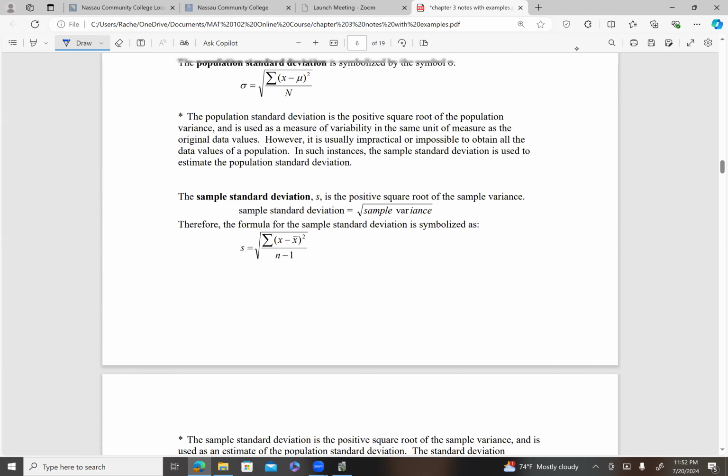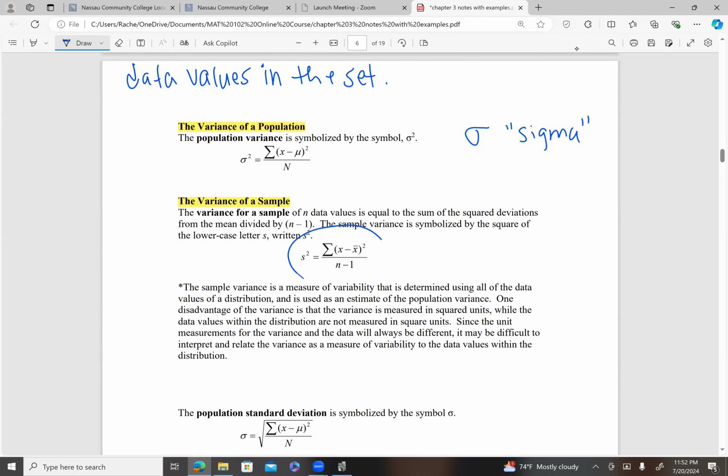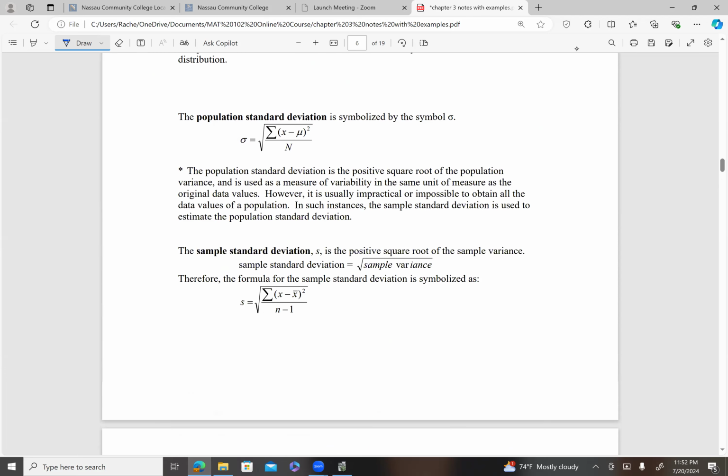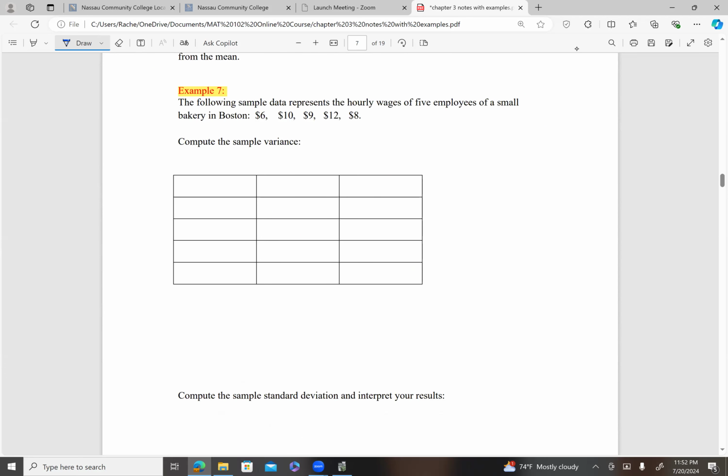Now we're working with a sample, so the sample variance is the sum of each data value minus the sample mean squared, divided by sample size minus 1. Let me write this formula down. I set up this little table to help us use this formula in a nice systematic way.